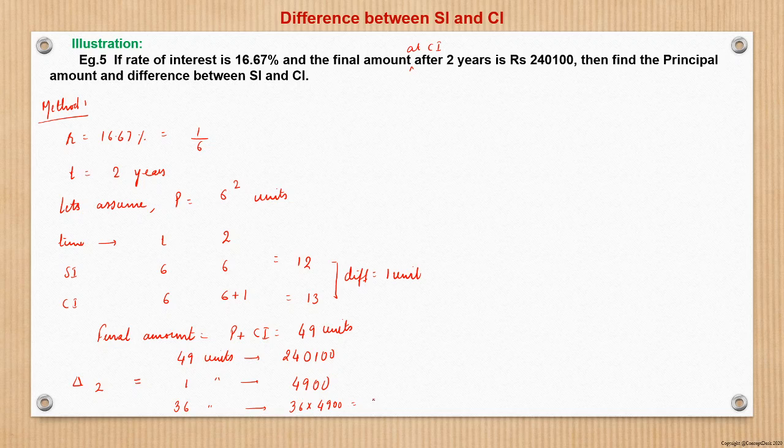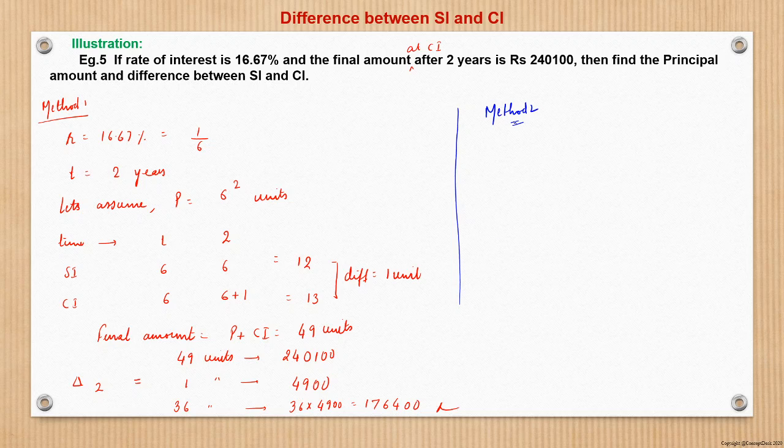So 36 into 49 will be, I think, 176400. So this is the principal amount. So therefore we have obtained the answer to this question. Or we can do it using the generic method also.